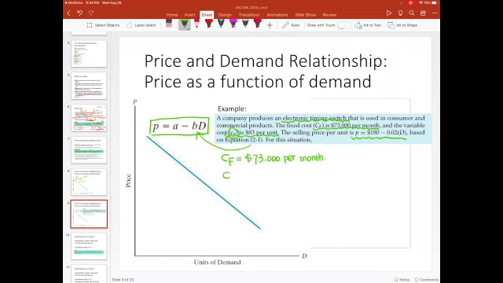And you also know C lowercase v is $83 per unit. This is the second variable or condition you can have.